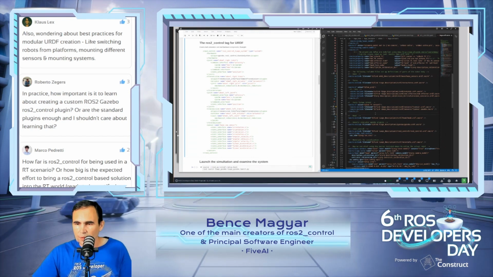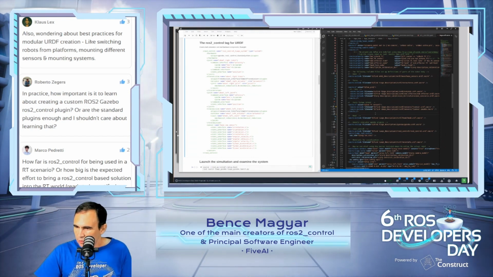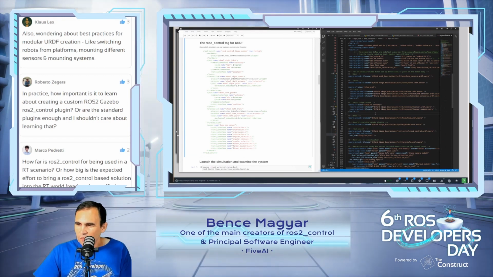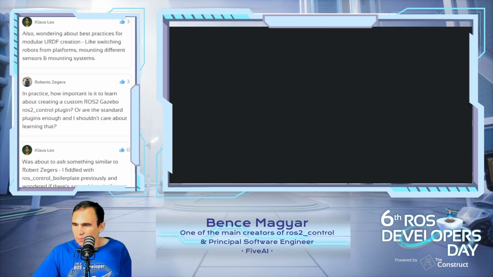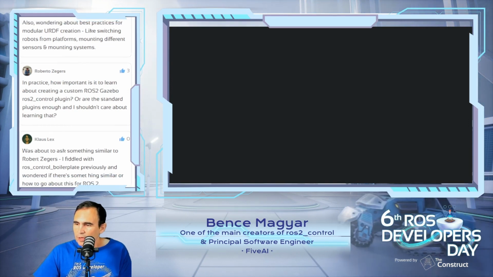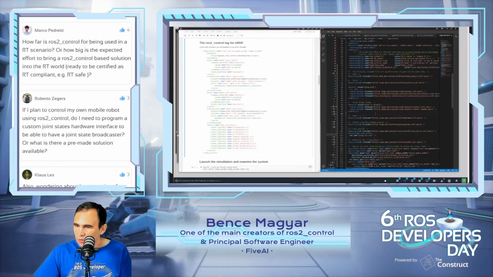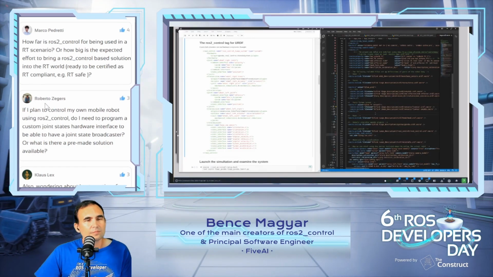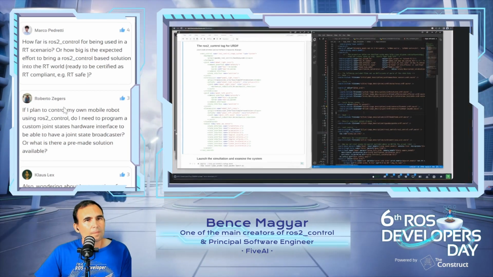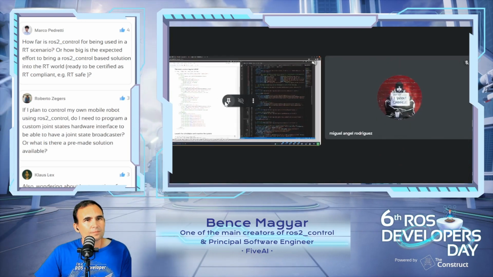Okay, I think we have time yet for more questions. Then we have a question from Marco Pedretti that says, how far is ROS 2 control from being used in a real-time scenario? Depends on your definition of real-time.